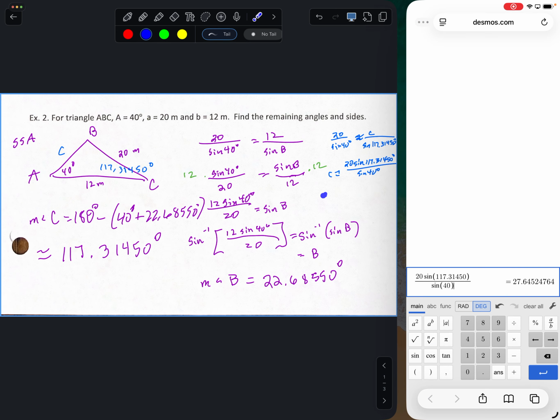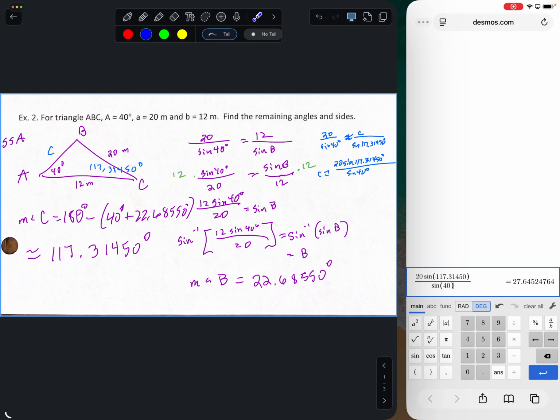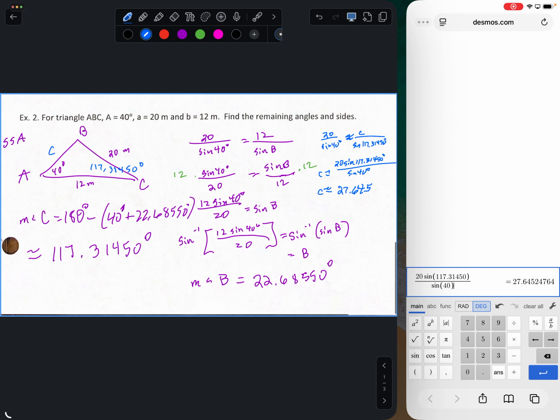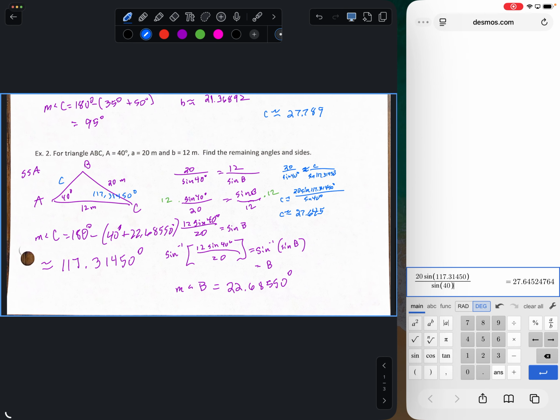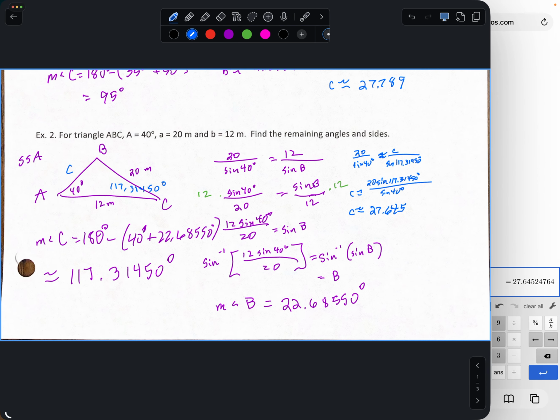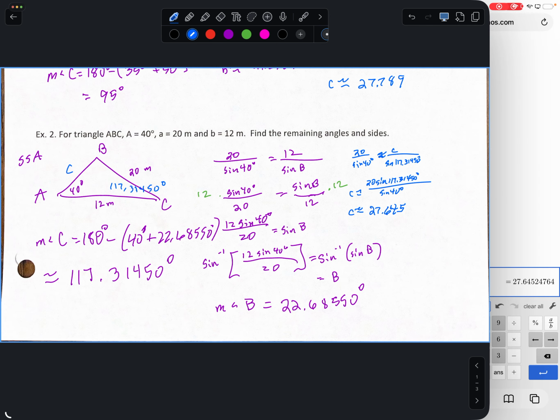And there you have little c. And this is the last thing you're finding, so you can go ahead and just round that to 3 sig figs. And then I want your answer box.